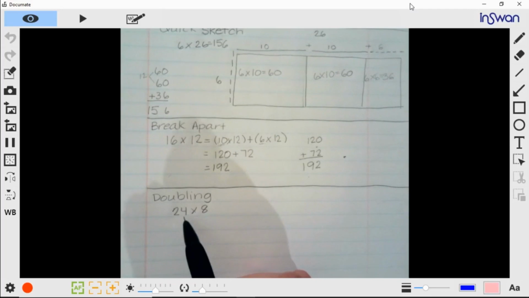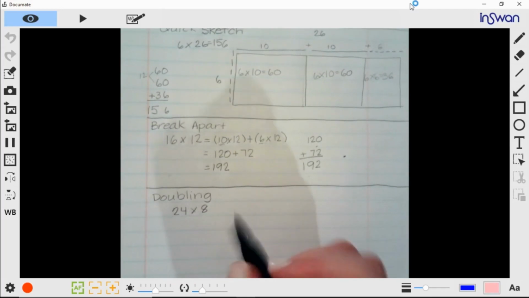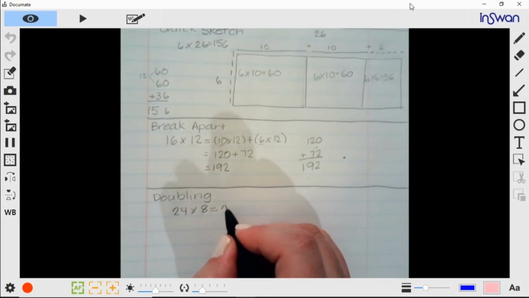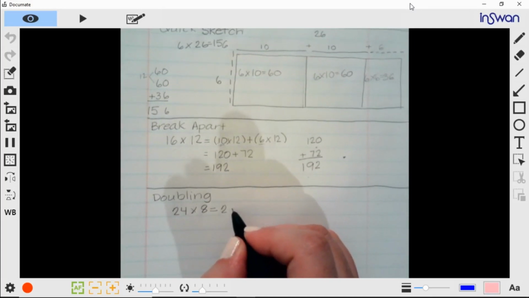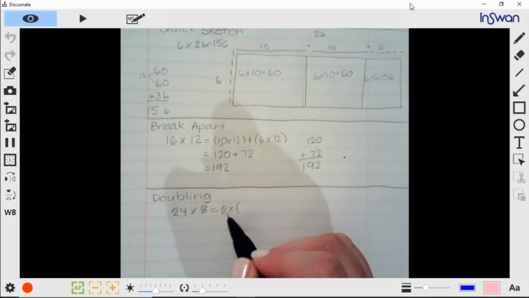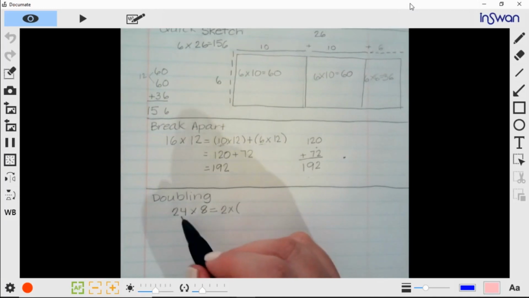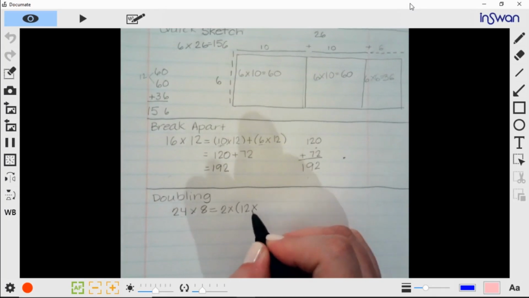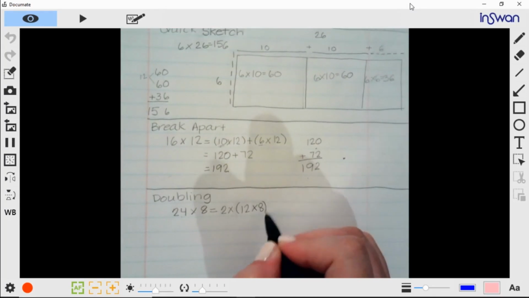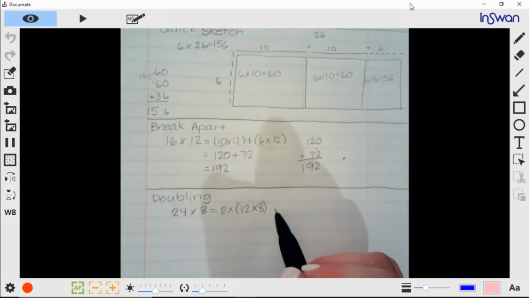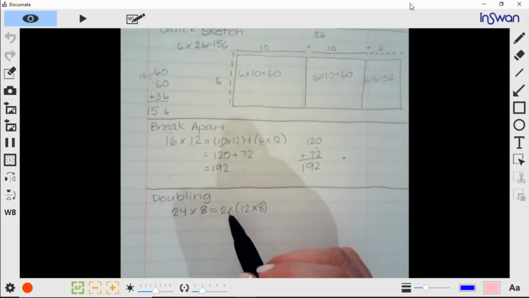I'm going to go with splitting this in half. So 24 times 8 is the same thing as 2 times, and the 2 is because we have to double it. So I'm going to split this one in half and get 12 times 8. Now this would be the same thing as if I had 12 times 8 plus 12 times 8 instead of the 2.